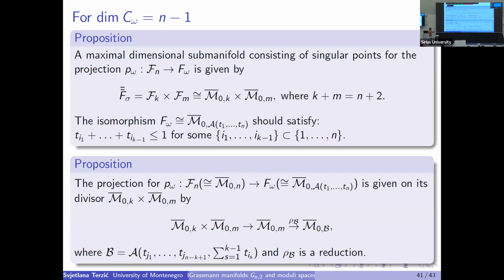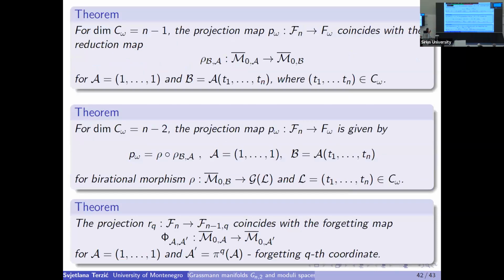We just proved that, completely analogous to Hassett's reduction morphism, the Hassett forgetting morphism on the boundary divisors can be realized by our projection P omega, which is described in purely topological terms.